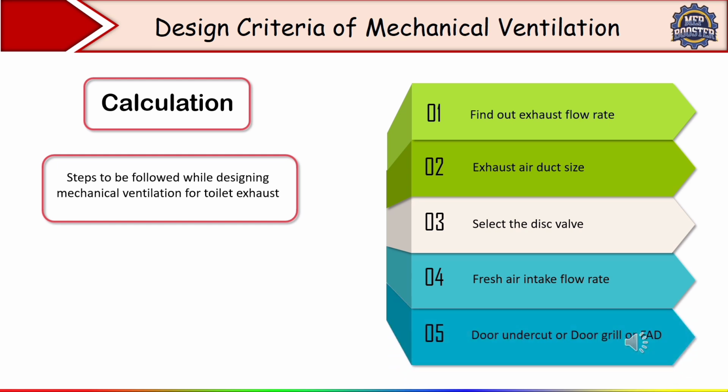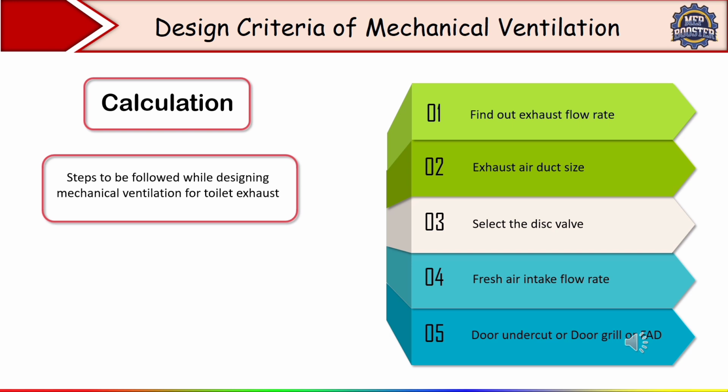Now door undercut or door grill or fresh air duct. If you remember, when you install the door in the toilet, how can we supply the fresh air into the toilet? The first option, we have to do the duct work and take fresh air from the outside, and with the help of an inline fan you can supply that fresh air into each and every toilet.